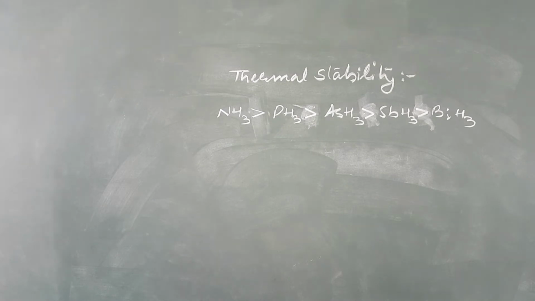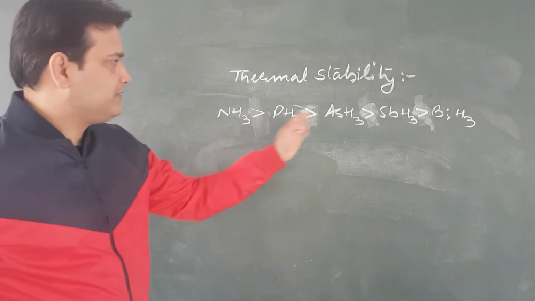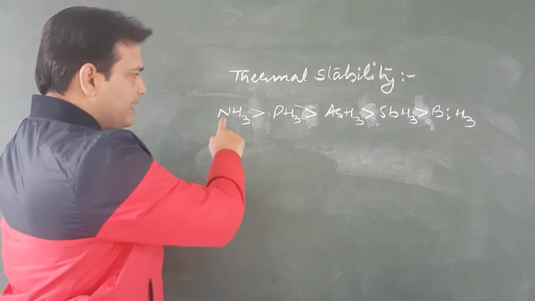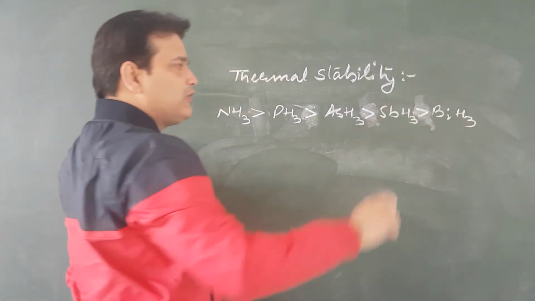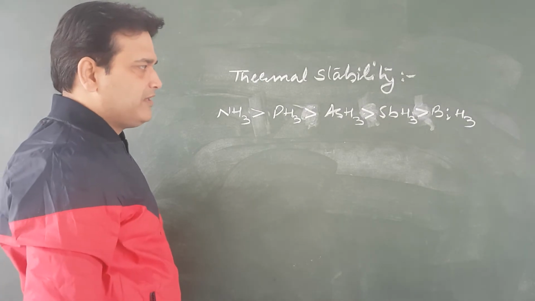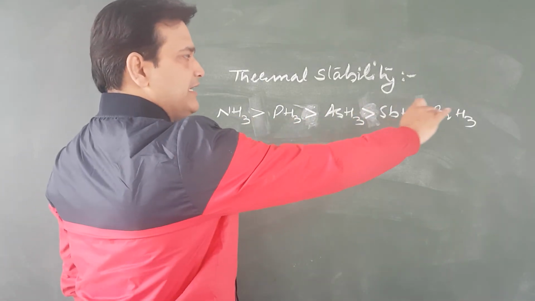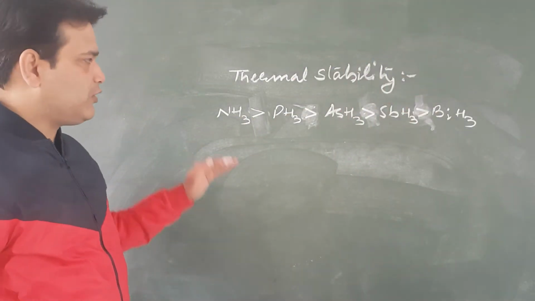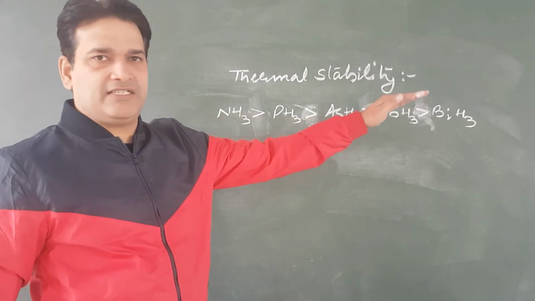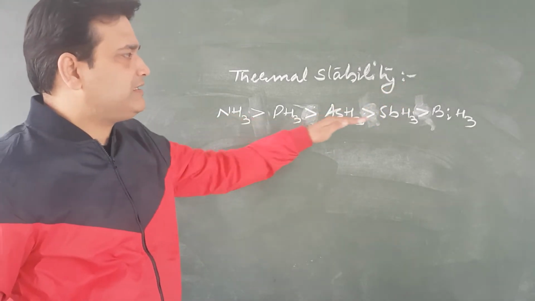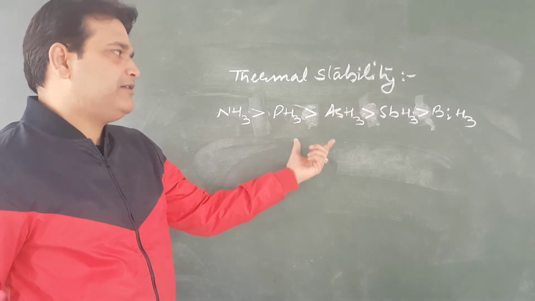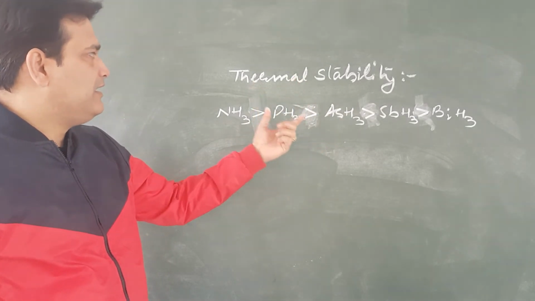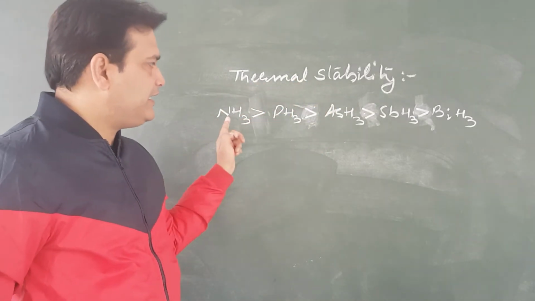And what is the cause? Down the group, molecular size increases, due to which bond length increases, and the bond becomes weaker, and hence thermal stability decreases down the group.